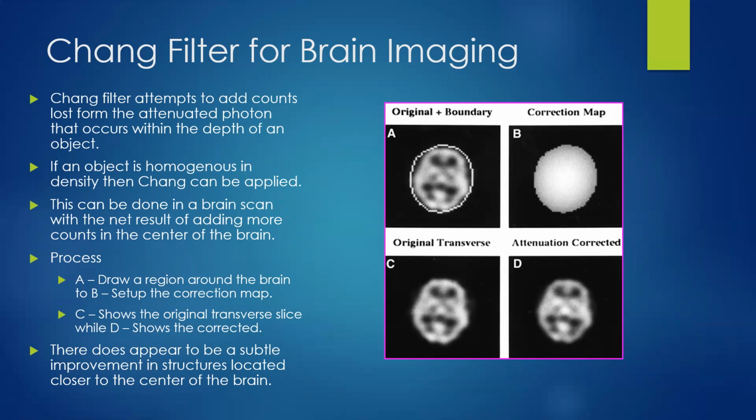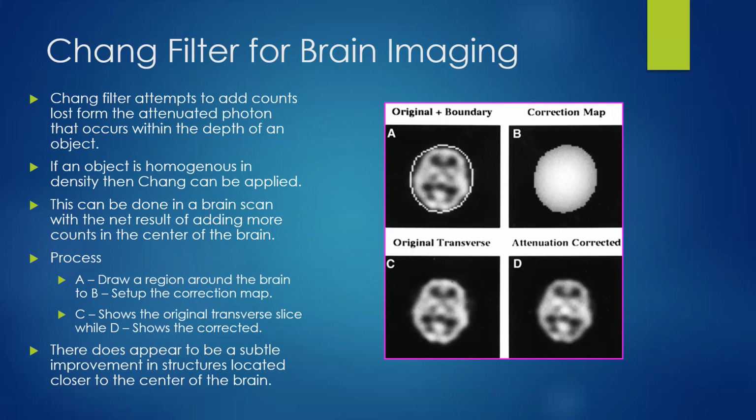Image filtering. An image filter is something referred to as a Chang filter. It's not in the scope of this lecture to talk about attenuation correction with CT and PET, or CT and SPECT. But for the general concept of SPECT, I do like to throw in the Chang filter and how that works.